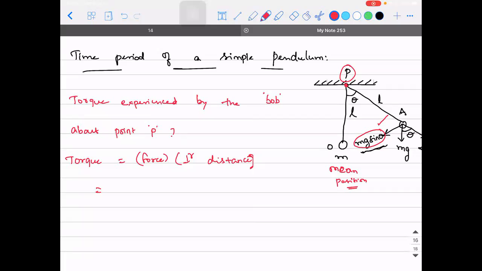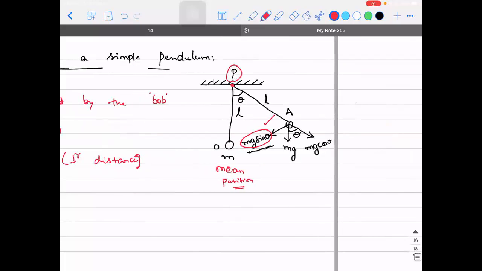To restore the object, which force is trying to restore the object? mg sin theta. mg sin theta is multiplied with, remember, mg sin theta and L are perpendicular, because mg sin theta and mg cos theta are rectangular components, they are perpendicular components.